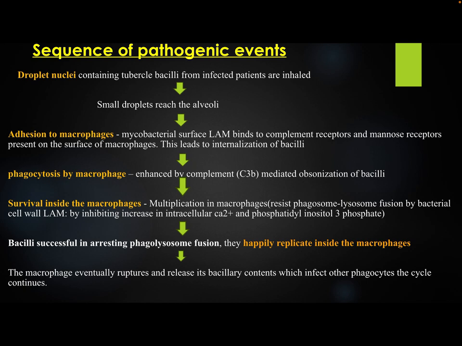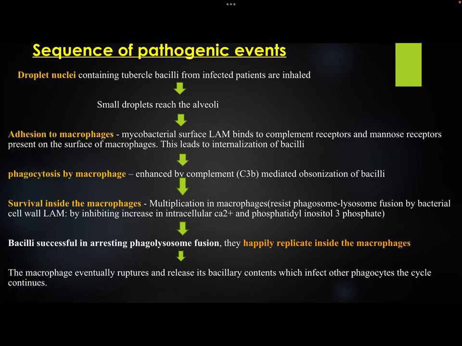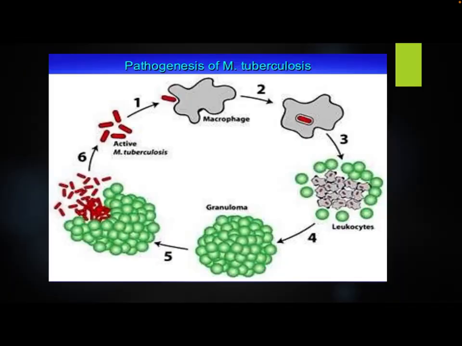So the bacilli are successful in arresting phagolysosome fusion, and they happily replicate inside the macrophages. The infected macrophage eventually ruptures and releases its bacillary contents, which infect other phagocytes, and the cycle continues. These are the sequence of pathogenic events that take place during pulmonary tuberculosis.